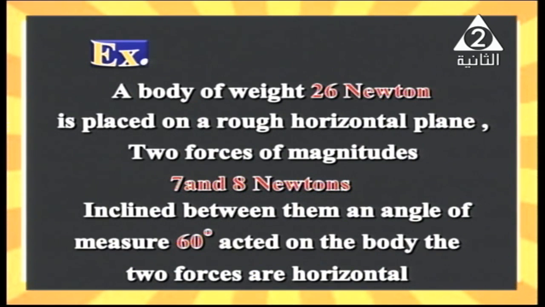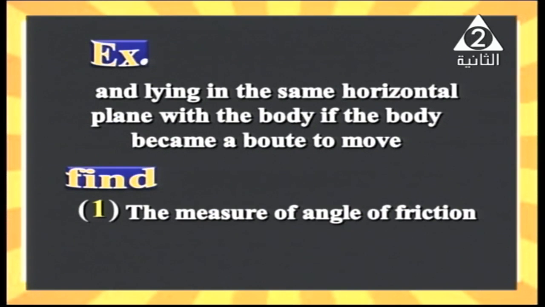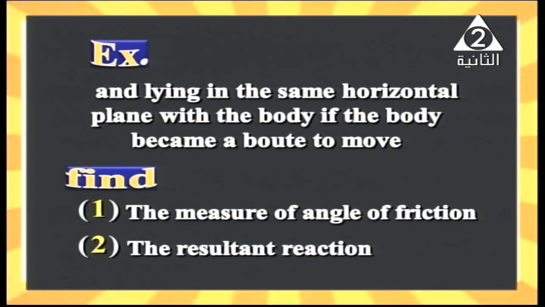The two forces are horizontal and lie in the same horizontal plane with the body. If the body became about to move, what is required? Number 1, find the measure of the angle of friction. Number 2, find the resultant reaction.